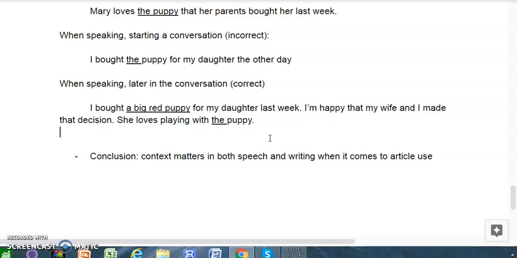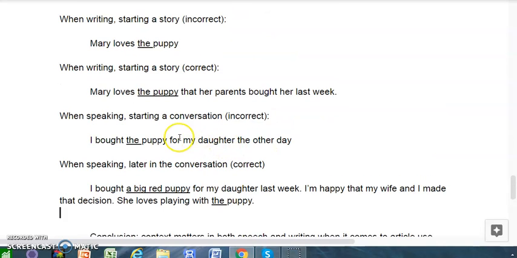If you misuse the definite article without adding enough context to it, or by placing it at the beginning of a sentence, as we did here and as we did here, you leave your reader or listener confused with the ambiguity, with the meaning of what you're writing or saying.